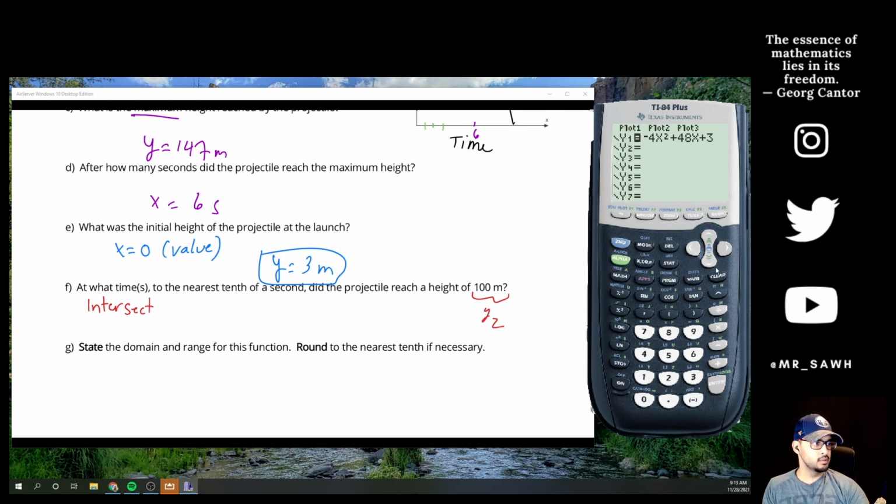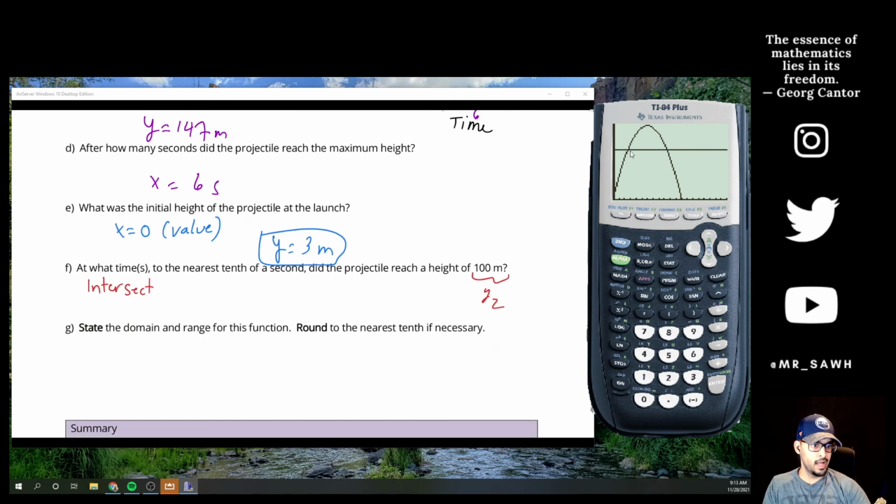Hit y equals, down in y2 we'll put 100, press graph, and you'll see that line come across just like we talked about. We'll have to do intersect a couple times here. Second trace, option 5 is intersect. Cursor is close to one of them, so we'll do the left one first. The first time where this happens, and again this makes sense because whatever goes up has to come back down, so the same height can be reached at multiple times.